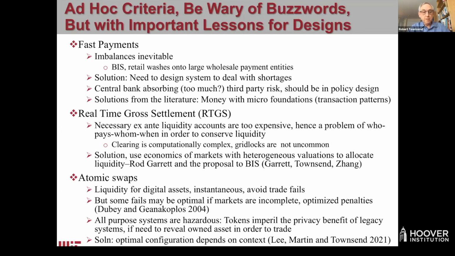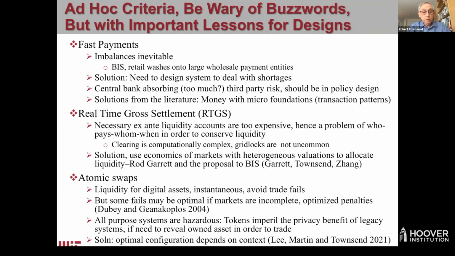Well, let's be careful. First of all, with fast payments, imbalances are inevitable. Flows do not match. The BIS, much aware of this, has written papers arguing that fast payments at the retail level are likely to create imbalances which will load on to large wholesale entities in the wholesale markets.